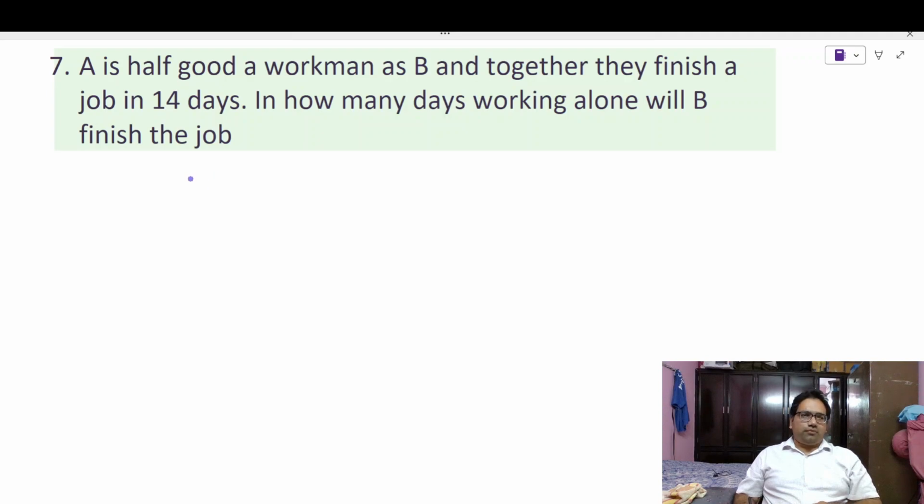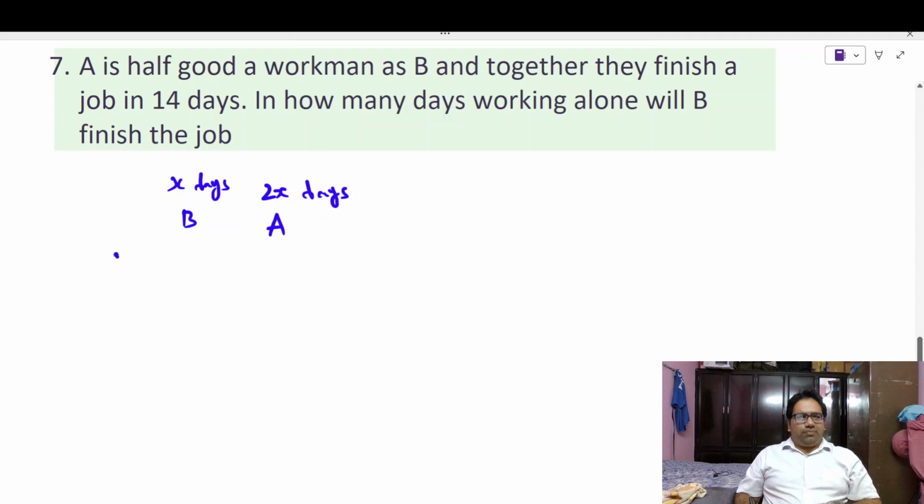That means if B takes x days, then A will take how many days? 2x days. A will take 2x days because A is half as good as B. That means if B takes 2 days to complete, A will take 4 days. Or if B takes 1 day, A will take 2 days, like this.